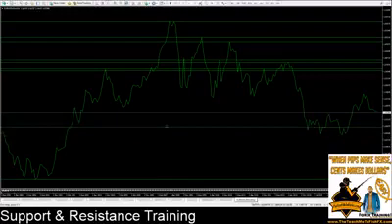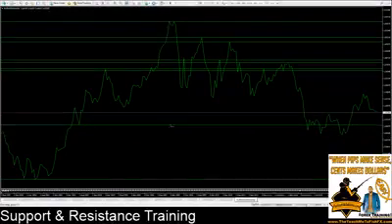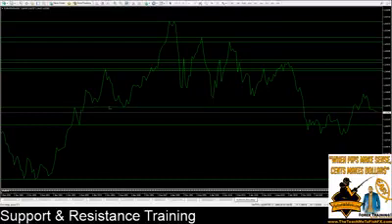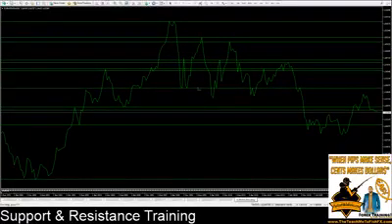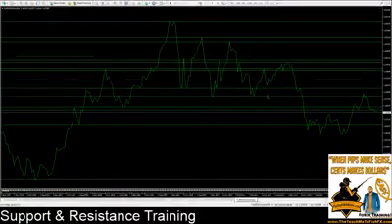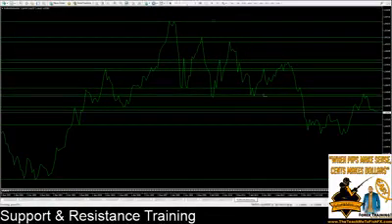Okay, and if you find points that are really close to one another, you don't necessarily have to plot them, but I do. Typically, these are going to be our hesitation areas or zones, if you will.